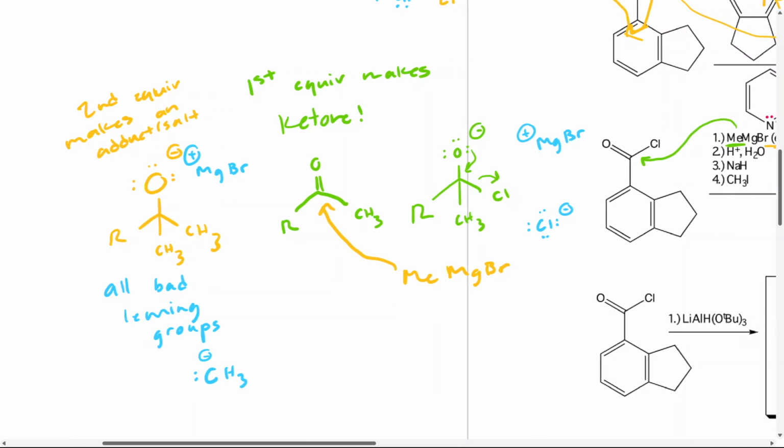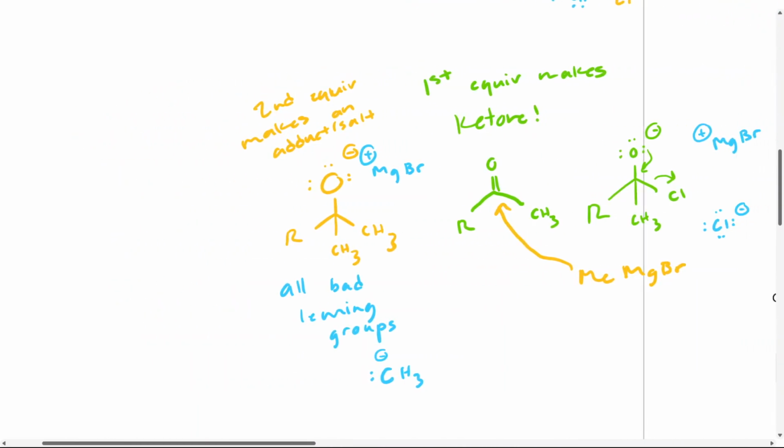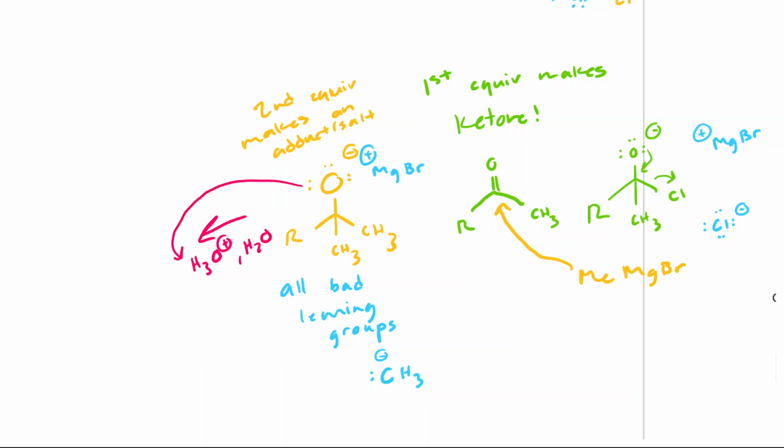Since these are all bad leaving groups, what we can do is an aqueous acidic workup, which is just a source of protons. So then the oxygen can snatch a proton, and then this molecule will exist happily as a tertiary alcohol.